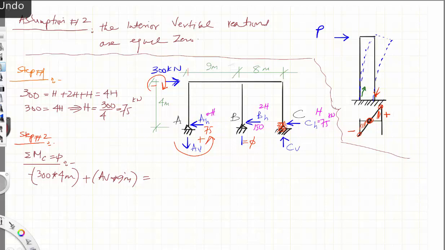This is not 9 meters, this is 9 meters plus 8 meters, which is 17 meters.